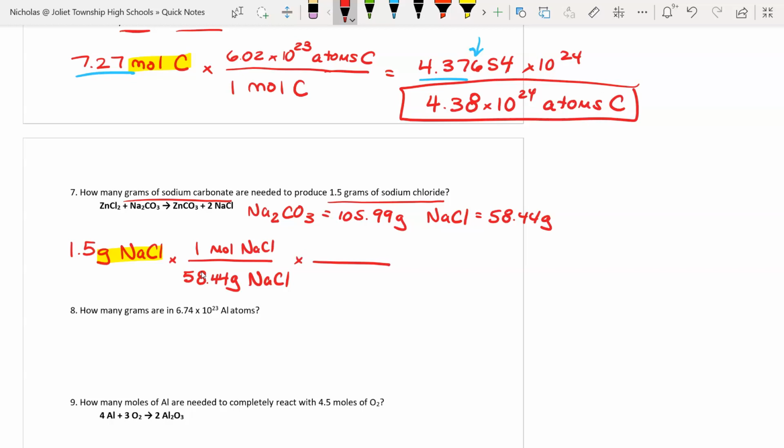Okay, next we're going to go from moles of sodium chloride to moles of sodium carbonate. So let me highlight what we're looking at in the question. If you look at the question, for every 2 moles of sodium chloride, we have 1 mole of sodium carbonate.